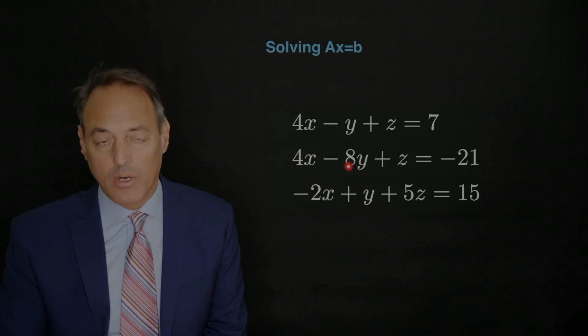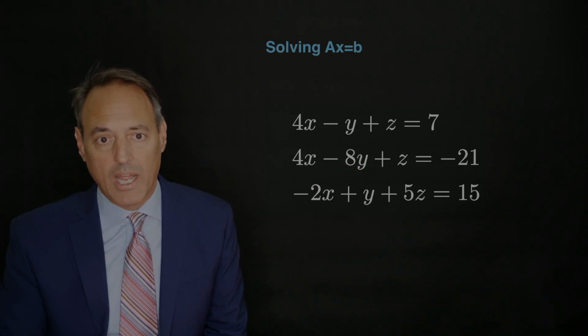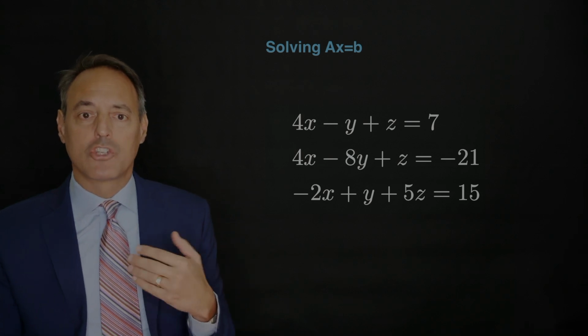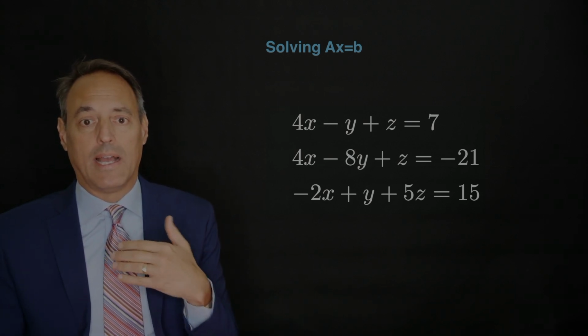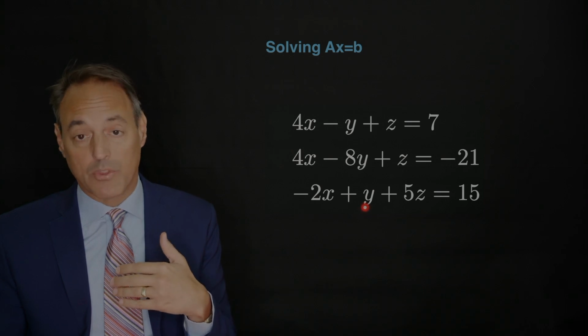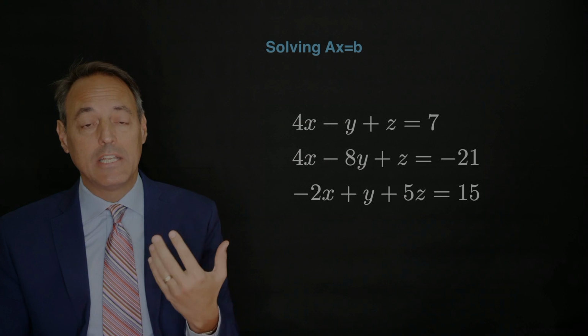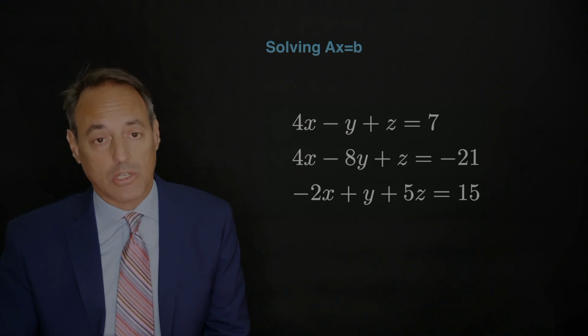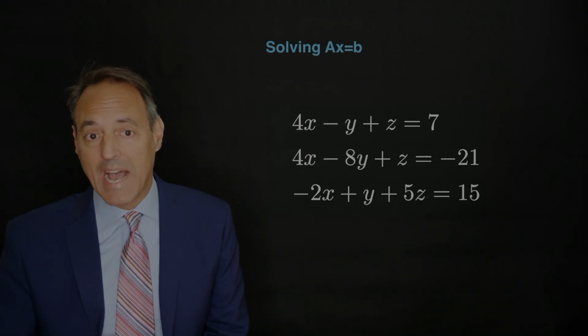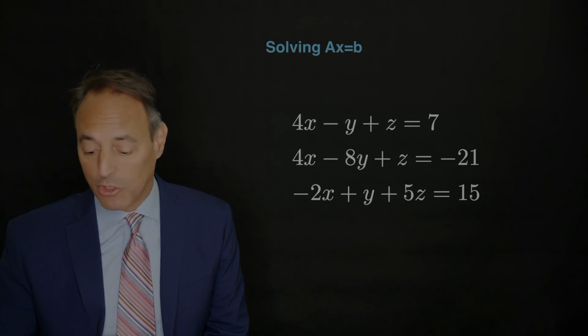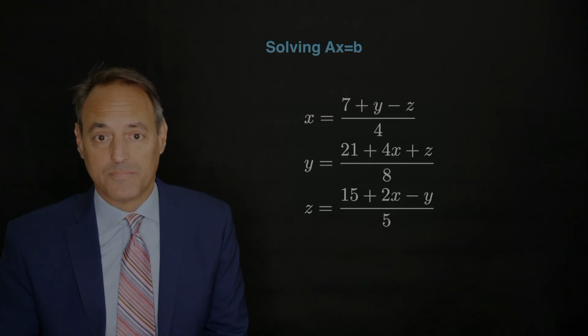Similarly for the second equation, solving for y, I want to isolate it. I haven't solved it in the sense that I don't know what x and z are. Same thing with the final equation, solving for z, I don't know what x and y are. But I'm going to isolate each of these variables individually, and then set up an algorithm to actually look for solutions.